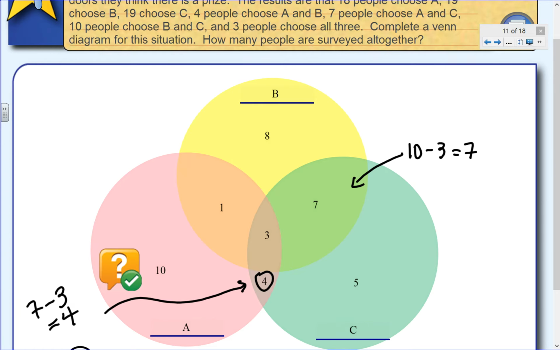And as you can imagine, the remaining value, that is of the 1, results from the 4 people who chose A and B. So that 1 comes as a result of the 4 people we're dealing with, minus 3 that are already accounted for, and bringing us to a grand total of 1.